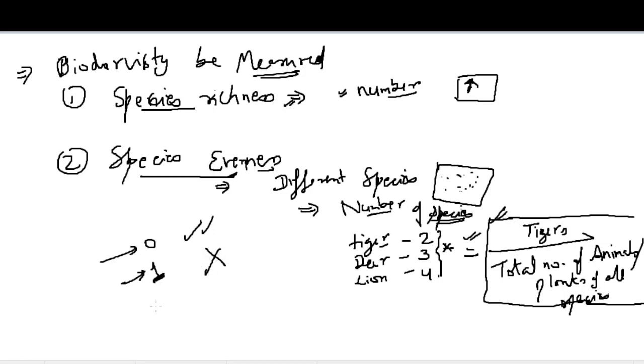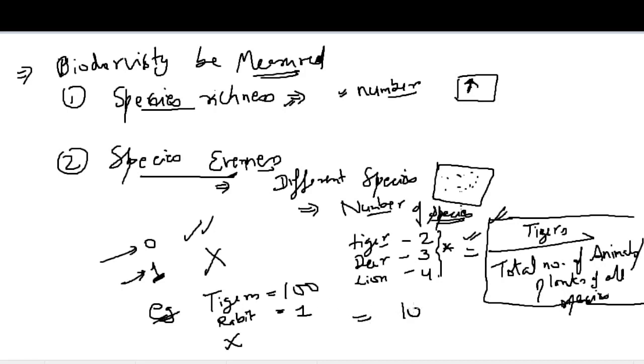So consider an example, like in a habitat, just for an example, tigers are 100, but another species like rabbit is present only 1, and no other species is there. So what is the species evenness?